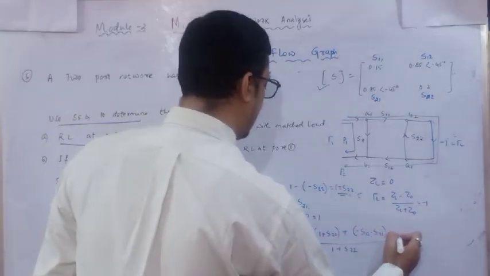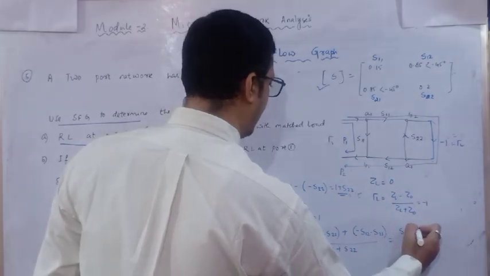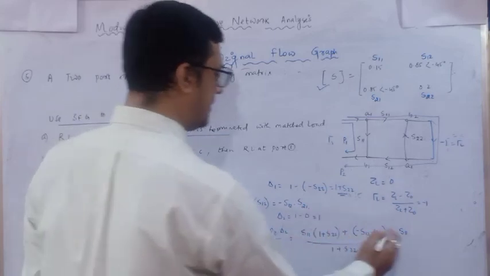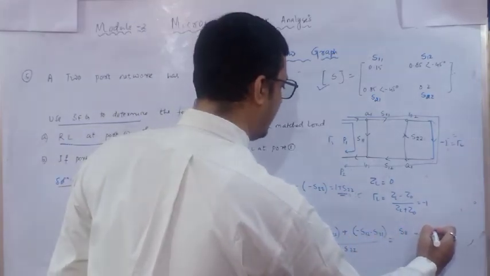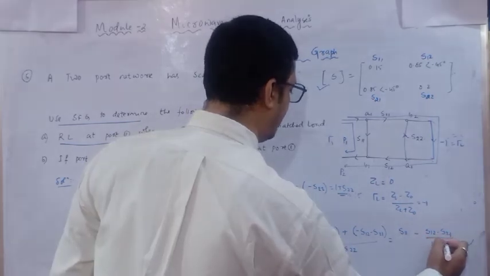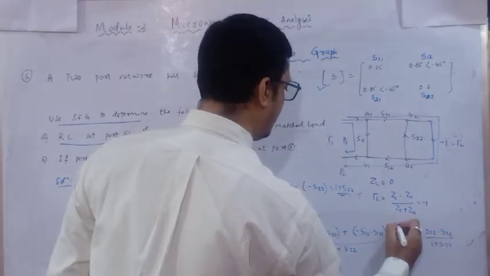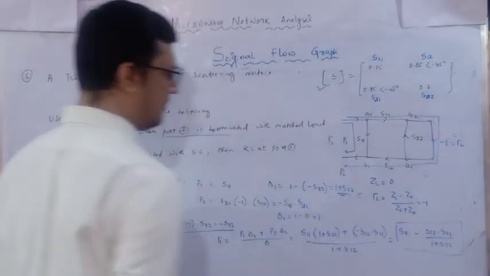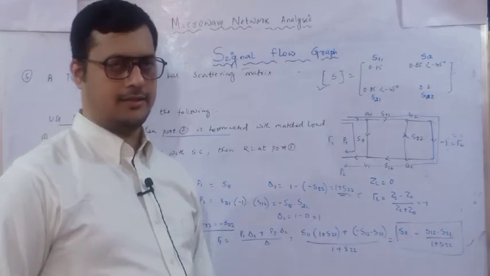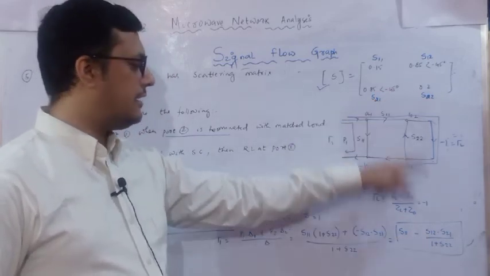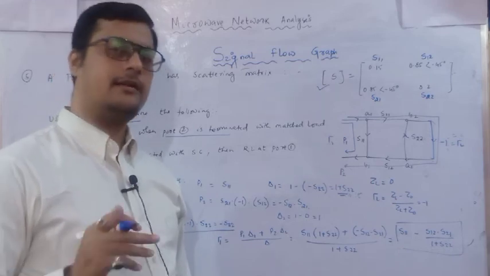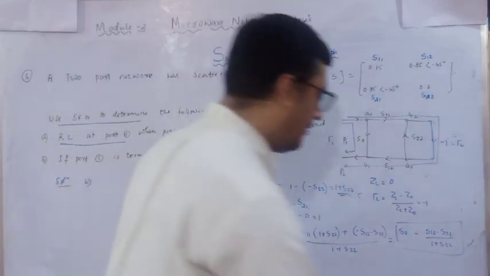So the 1 plus S22 will cancel out, leaving S11 minus S12 S21 divided by 1 plus S22. This is my answer. Now substitute the given values here, you will get the reflection coefficient at port 1, and then the return loss we can easily find out.